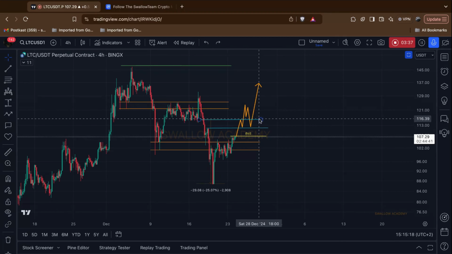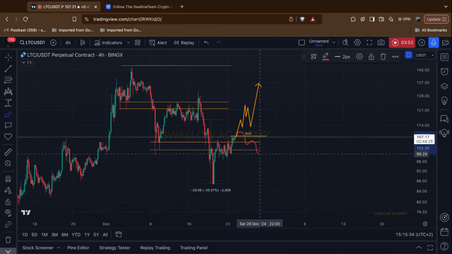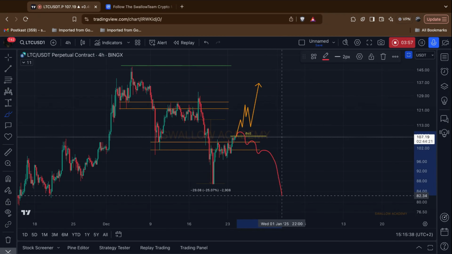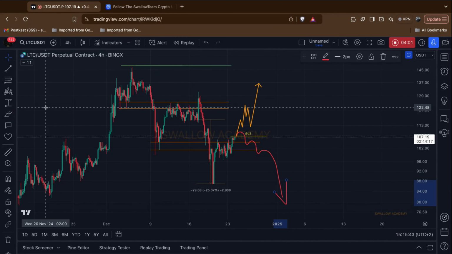Actually, let's leave this one. If we see some kind of movement like this, so we fail to secure the zone, or let's say we even break out, move back to the lower zones, slowly retest, a huge probability is that we will see some kind of liquidity movement to the lower zones again, which would be similar to this zone.